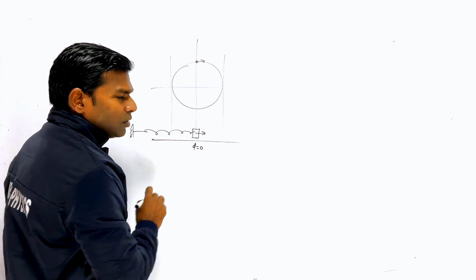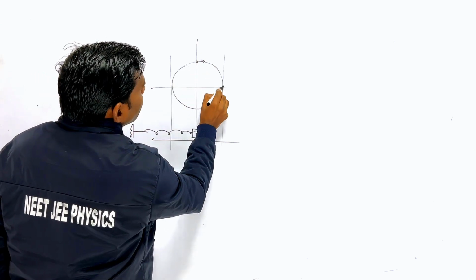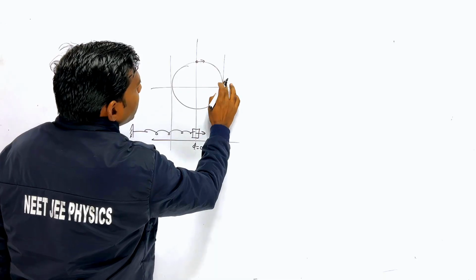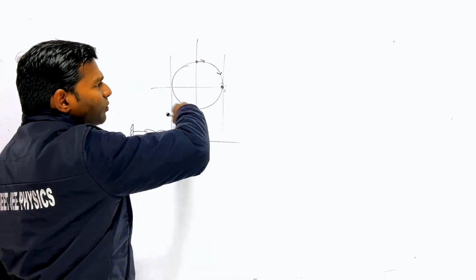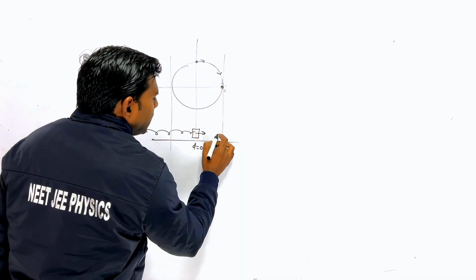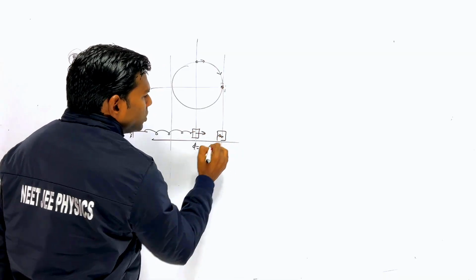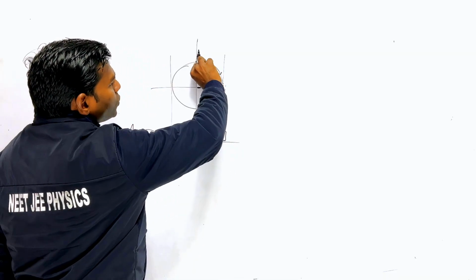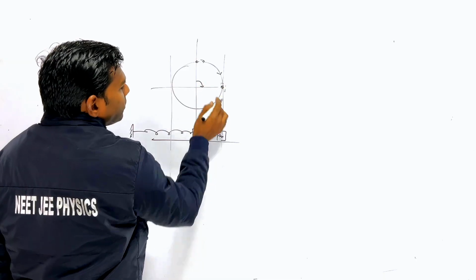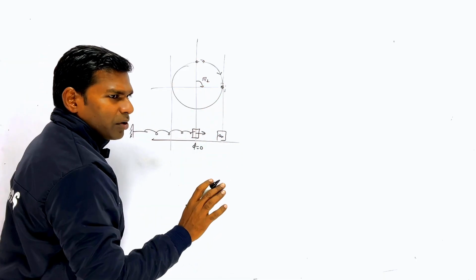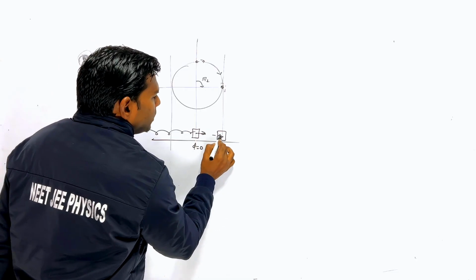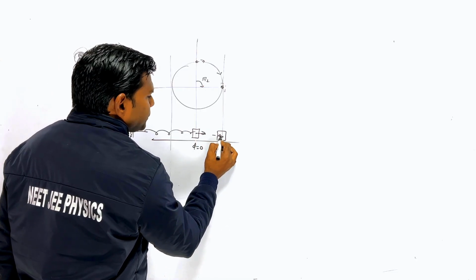At t is equal to 0, the phase is what? 0. When it moves down, right, the corresponding particle moves down on the circle, in uniform circular motion, this block reaches this point or not, you tell? So what is the phase covered by this block? Say pi by 2. Is it clear or not? So what is the phase of this block at this point?